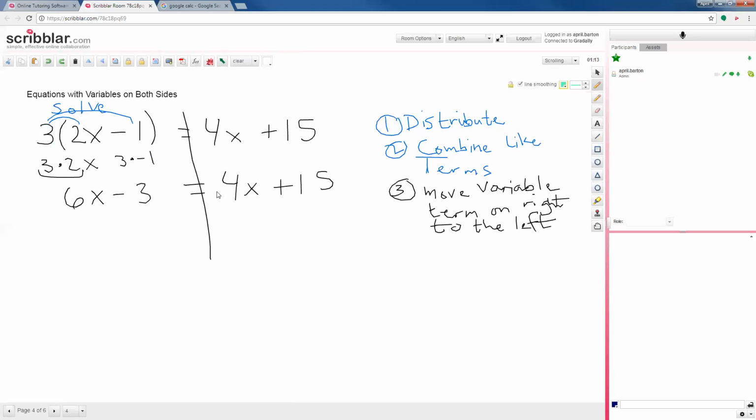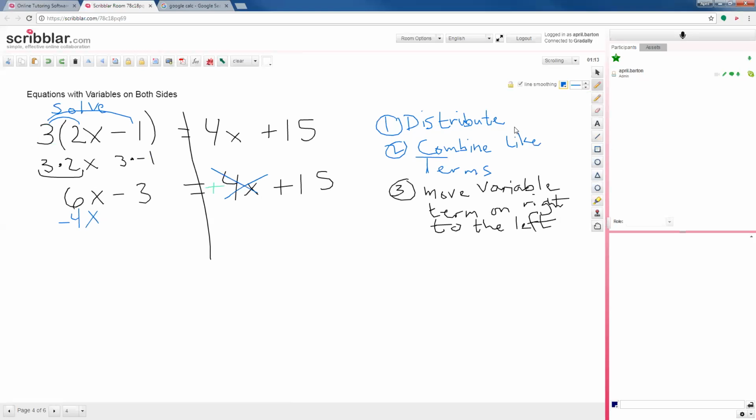So this 4x is currently positive 4x. It's again another invisible thing. You assume if they don't write a negative sign, this is going to be a positive number. So the opposite of adding 4x is going to be minus 4x. And when we minus it instead of divide it, we move the 4 and the x. The 4 and the x both cancel.